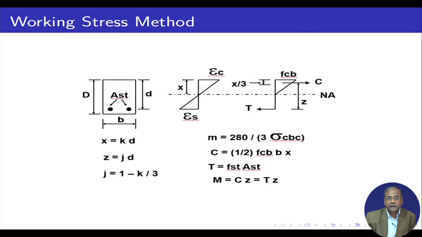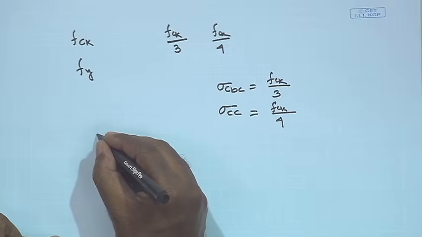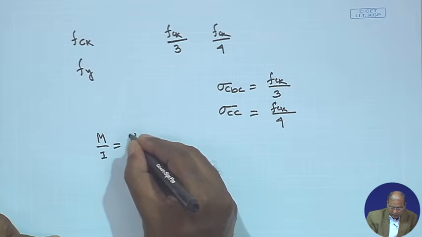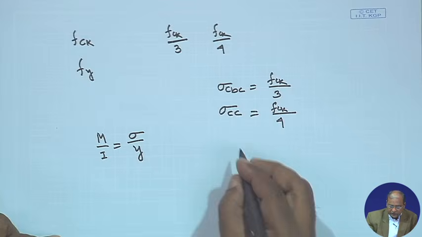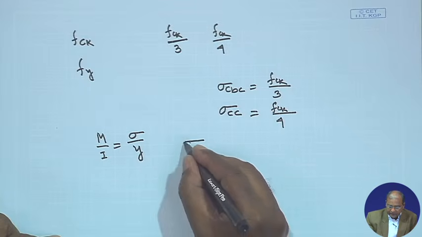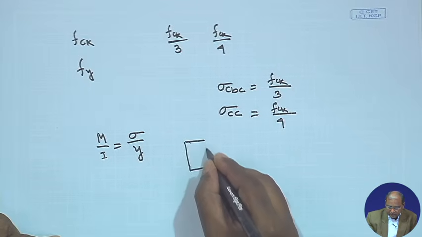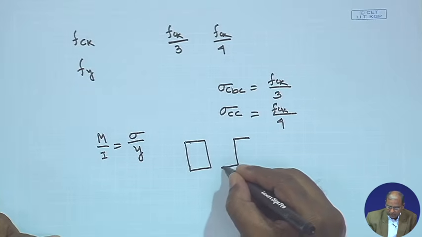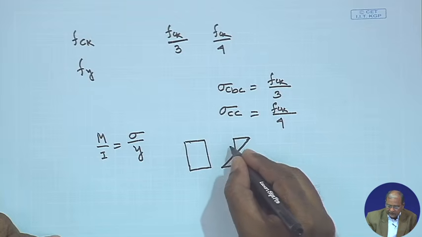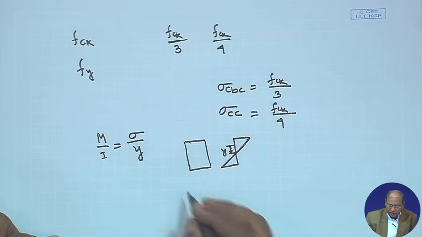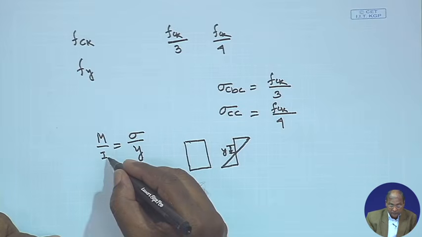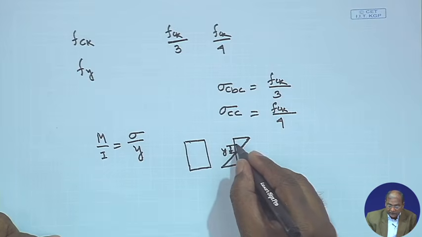I can say that, remember that equation, M by I equal to sigma by y. That means, if you take this section, the stress diagram comes like this. So, this is your y, and with I the second moment of area, we find out sigma at this particular point.